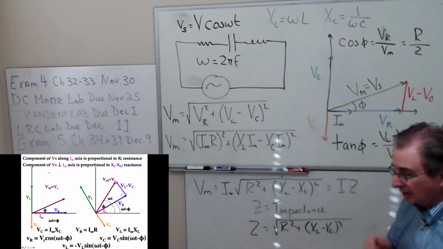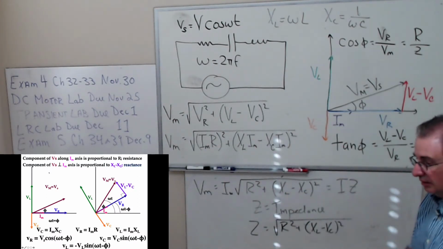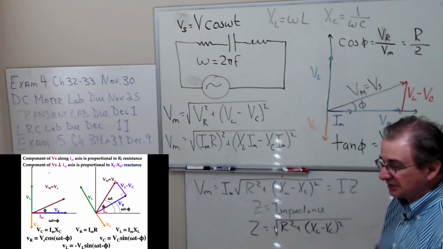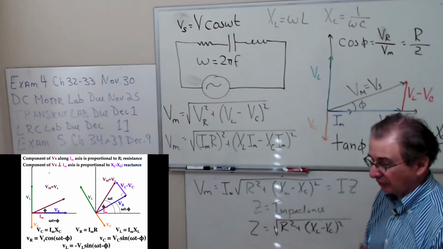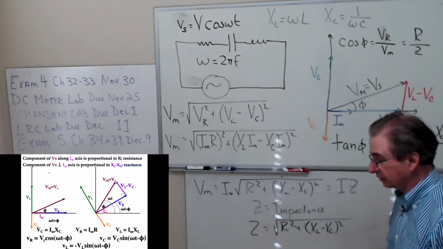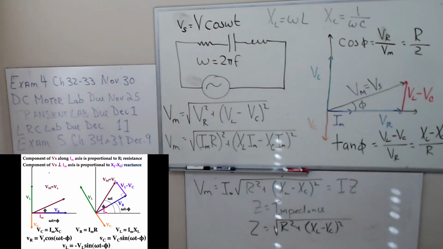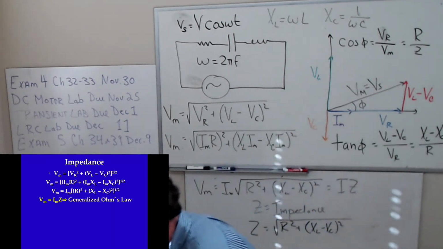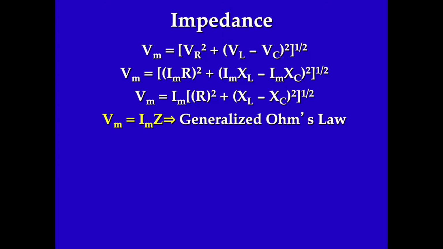There's my picture of the phasor in the notes. And it actually has the time-dependent expressions for the voltage across the resistor, the capacitor, and the inductor. And so our impedance then, like I said before, is Z. And I can call this a generalized version of Ohm's law.